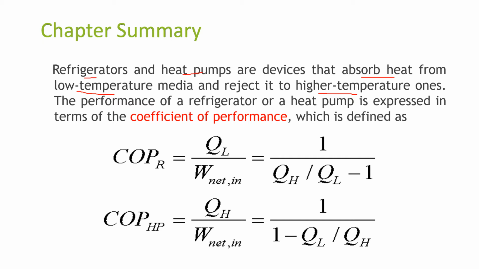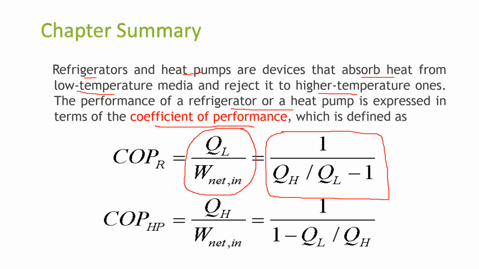The performance of refrigerators and heat pumps is expressed in terms of the coefficient of performance, or COP. For a refrigerator, the coefficient of performance is QL divided by W net, and is equal to 1 divided by QH per QL minus 1.